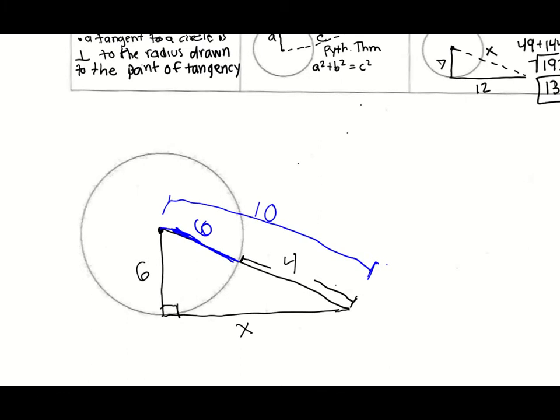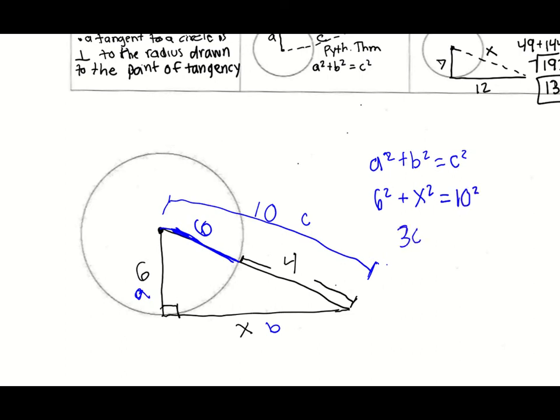So if that hypotenuse is 10, our leg is 6, and we want to find our other leg, we can set up our Pythagorean theorem. A squared plus b squared equals c squared. Our a is 6, our b is x, and our c is 10. 6 squared plus x squared equals 10 squared.